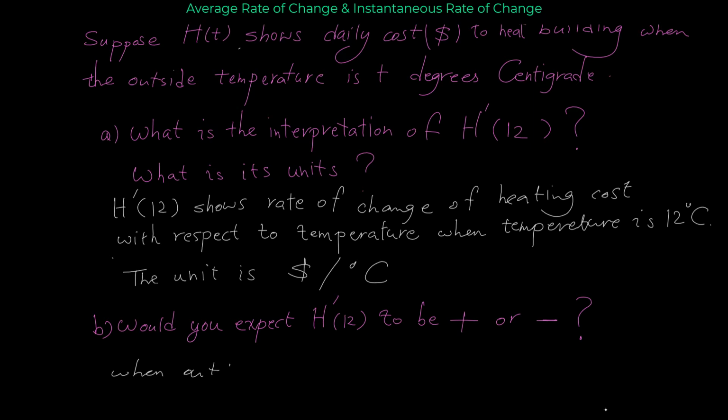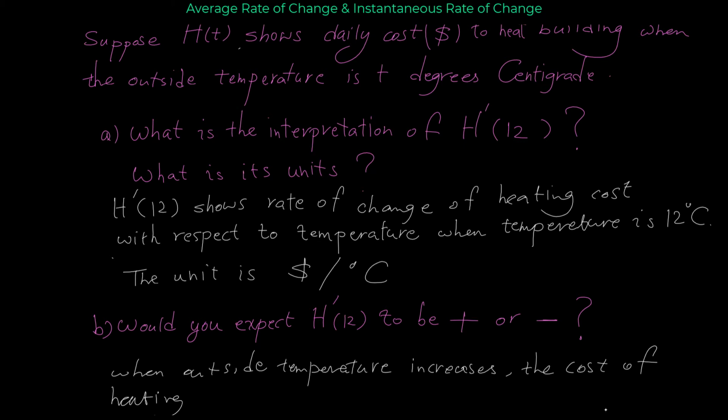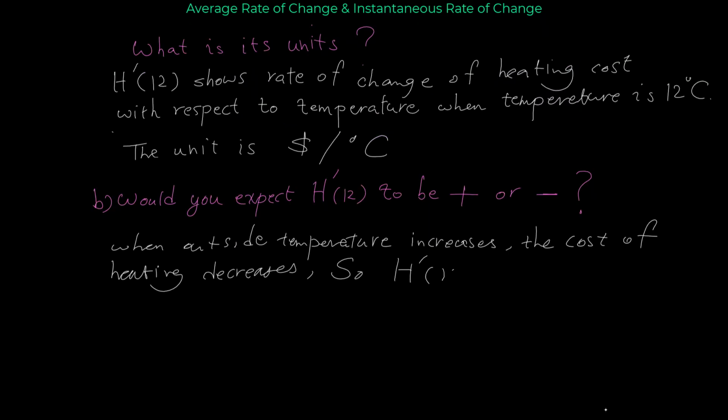When outside temperature increases, the cost of heating decreases because we need less heating. So h prime of 12 is negative.